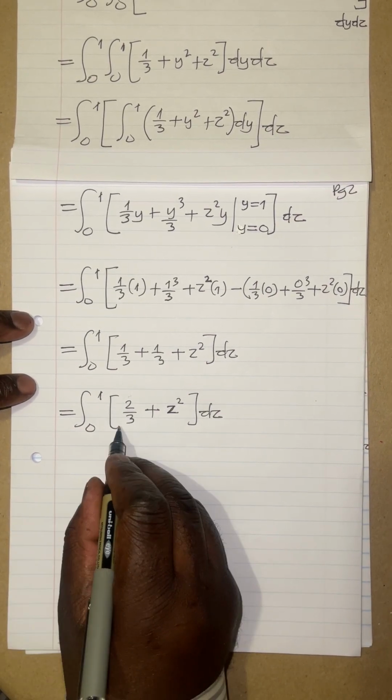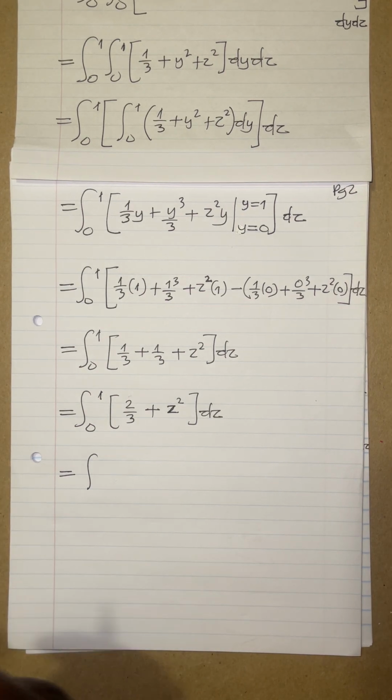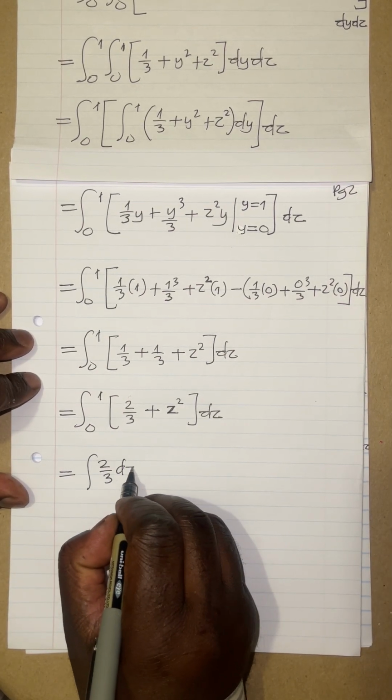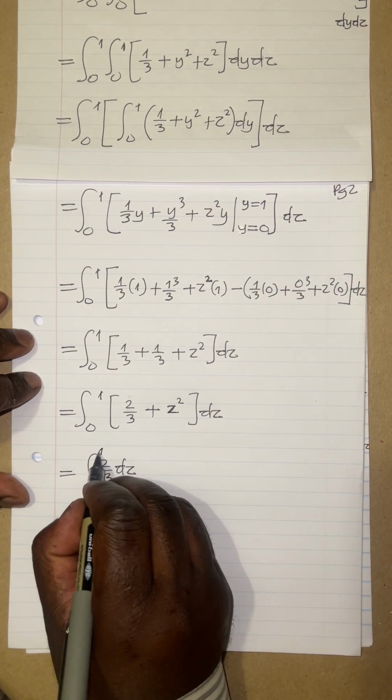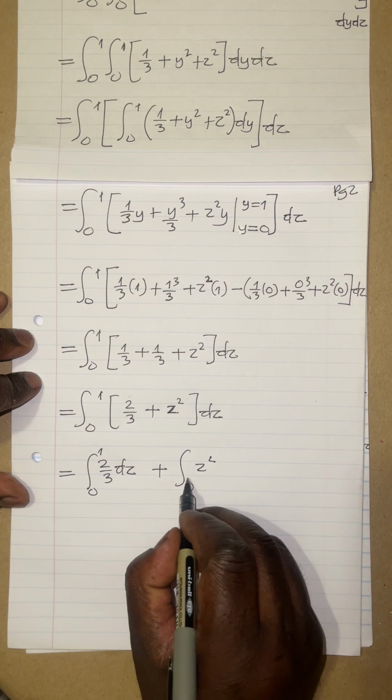This is a constant, remember, so we need to perform the integral. Let me distribute first. 2 over 3, and then the z, from 0 up to 1, plus the integral of z squared from 0 up to 1 dz.